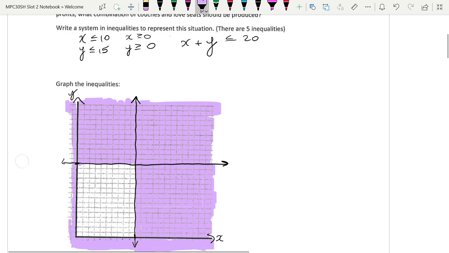But now I've got this equation here. X plus y is less than or equal to 20. Well, again, 20 is both the x and the y-intercept. So this is 15, right? 16, 17, 18, 19, 20. This was 10, right? 11, 12, 13, 14, 15, 16, 17, 18, 19, 20. And I am joining those 2 points.